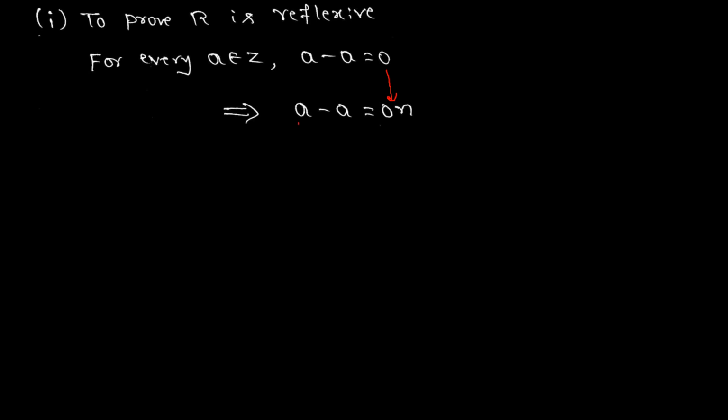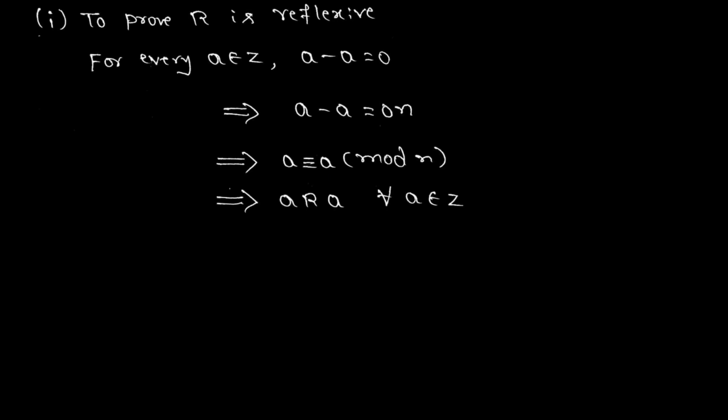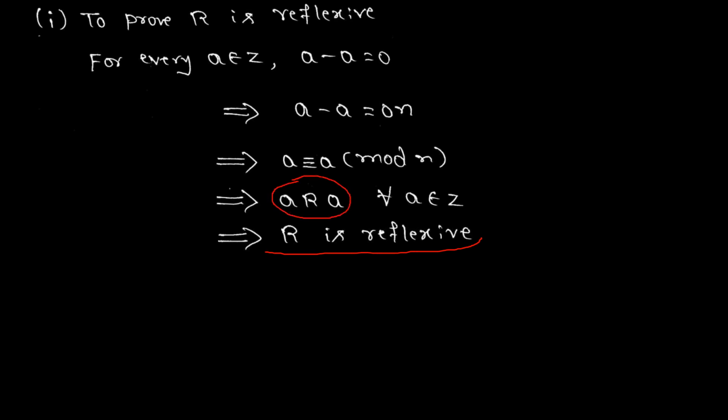That means a is congruent to a mod n. According to our relation, we can say a is related to a for all a belonging to Z. Therefore R is reflexive, because every element is related to itself.